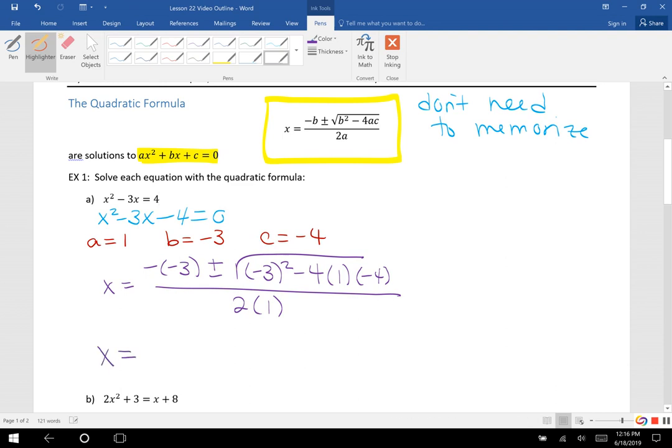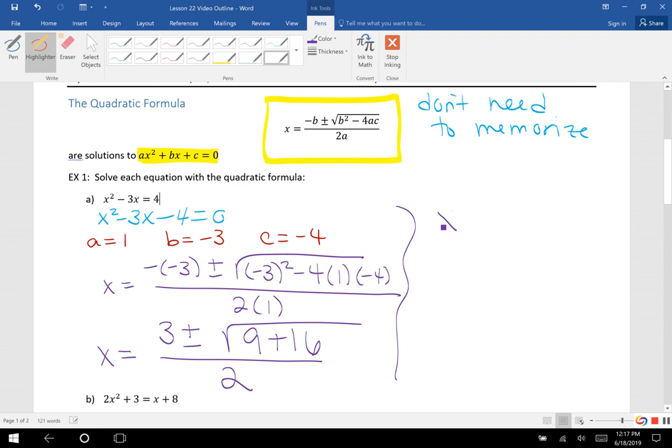We now have to simplify, so this is a positive 3 plus or minus the square root of 9 minus 4 times 1 times minus 4. That's going to be a plus 16 over 2. So x equals 3 plus or minus square root of 25 over 2.